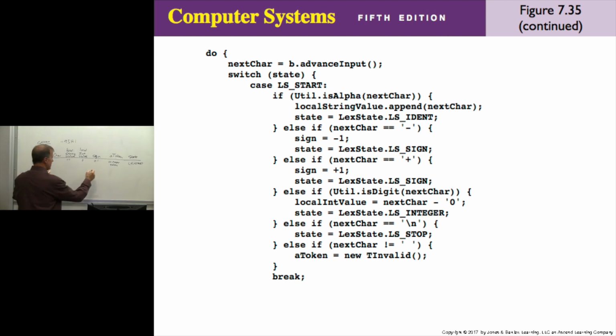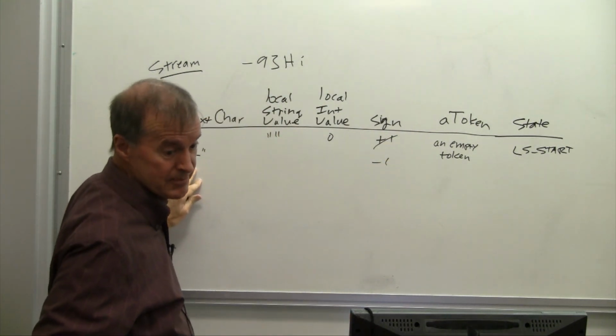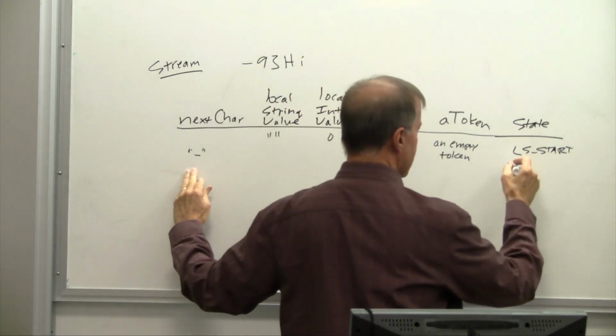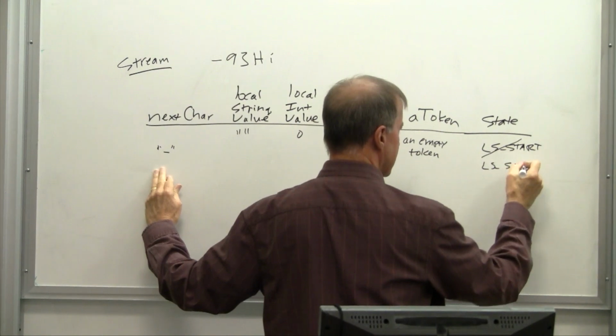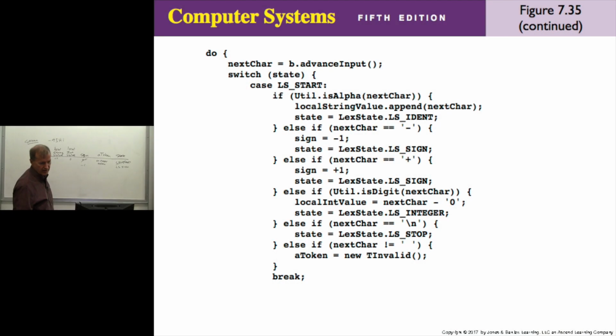So sign gets what? -1. And what else happens? State gets what? ls sign. So boom, ls sign. And we skip all the else ifs and we go to the break and we go down to the test at the bottom of the loop.